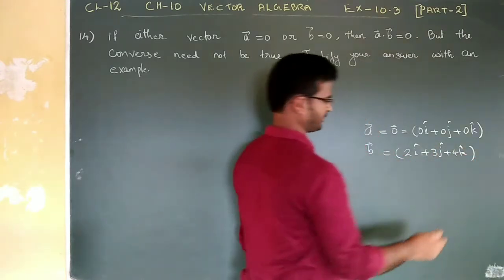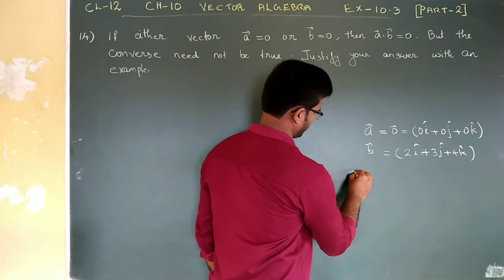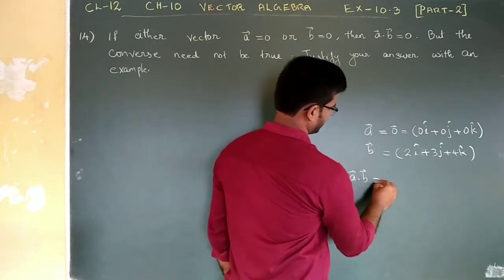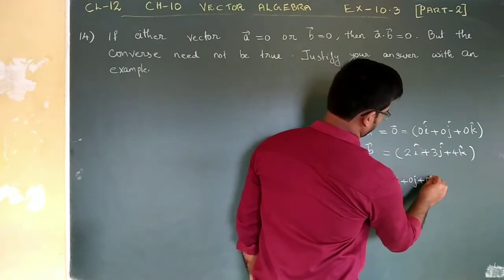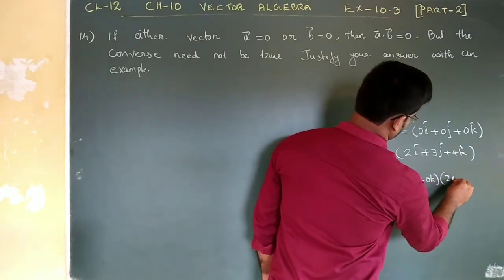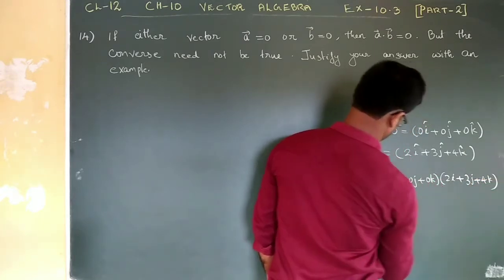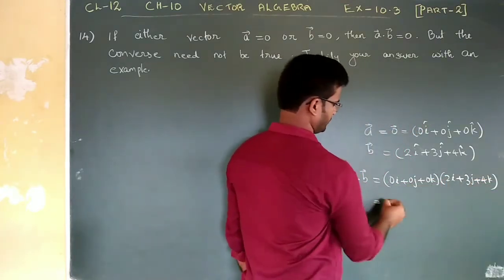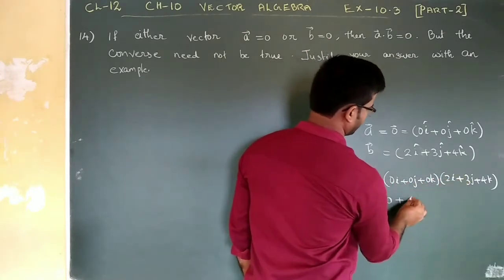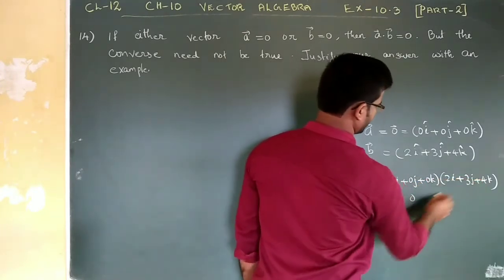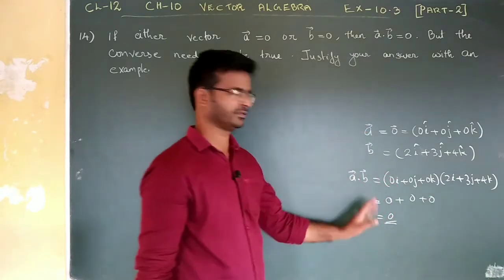If you find A dot B, that is (0i plus 0j plus 0k) dot (2i plus 3j plus 4k). 0 into 2 is 0, 0 into 3 is 0, 0 into 4 is 0. What will we get as the answer? You will get 0 only.